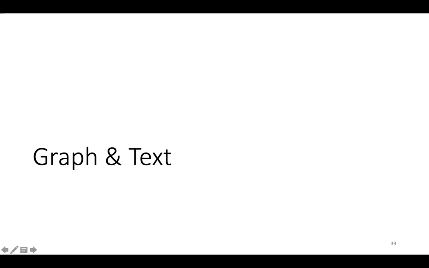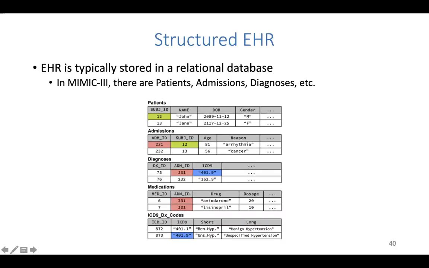So why graph and text? We'll see one by one. When we say EHR, typically we mean structured EHR. It's either structured EHR or unstructured EHR, but MIMIC-III itself is obviously a structured EHR. EHR is typically stored in a relational database, as I said many times before.